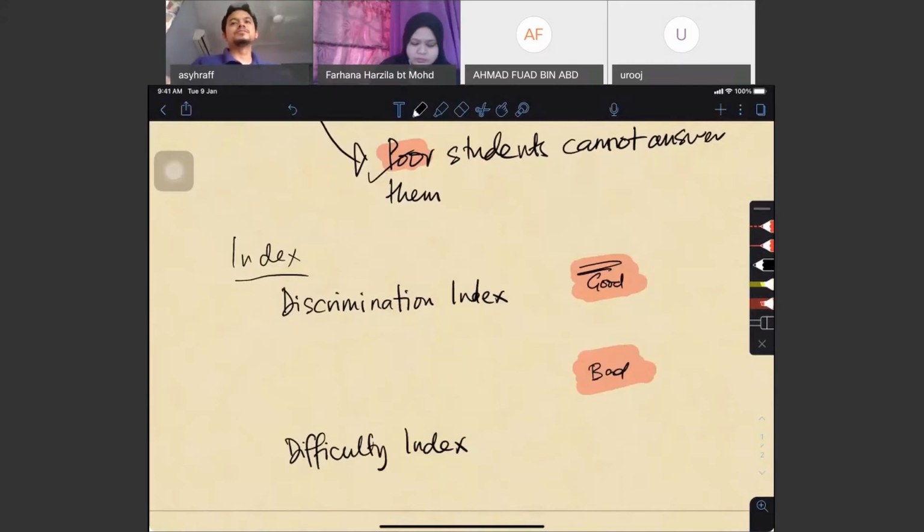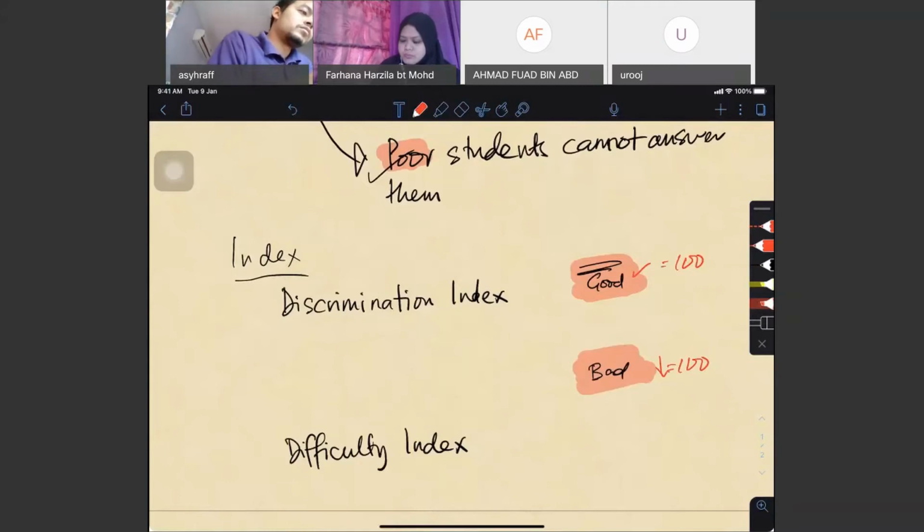A highly discriminatory question is one where more of the good group will be able to answer that question and fewer of the poor group. Let's say there are 100 students in this group and also 100 students in this group. They should be the same number, since 27% equals 100 students here and 27% equals 100 students there.